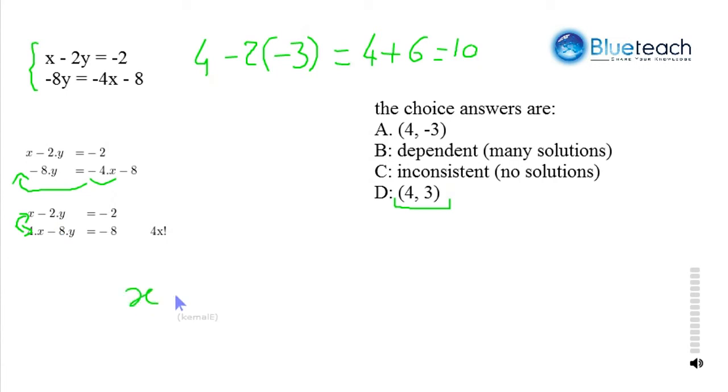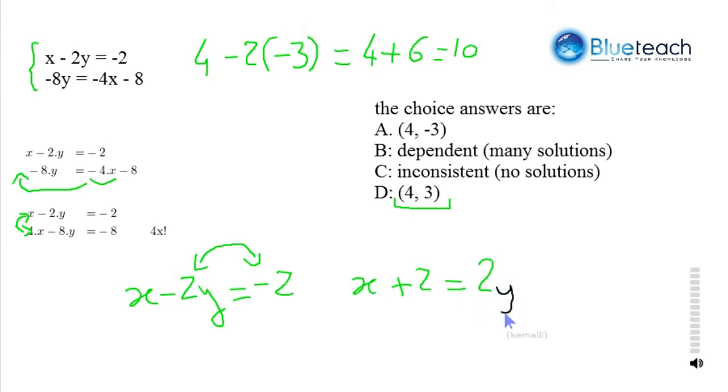So if we take x minus 2y equals minus 2, and we put y on this side, and we switch them, we will get x plus 2 equals 2y. And so by dividing by 2, we get the equation y equals x over 2 plus 1.